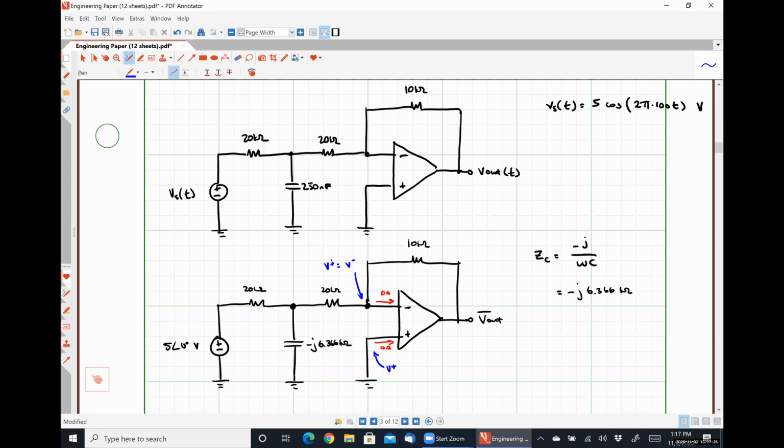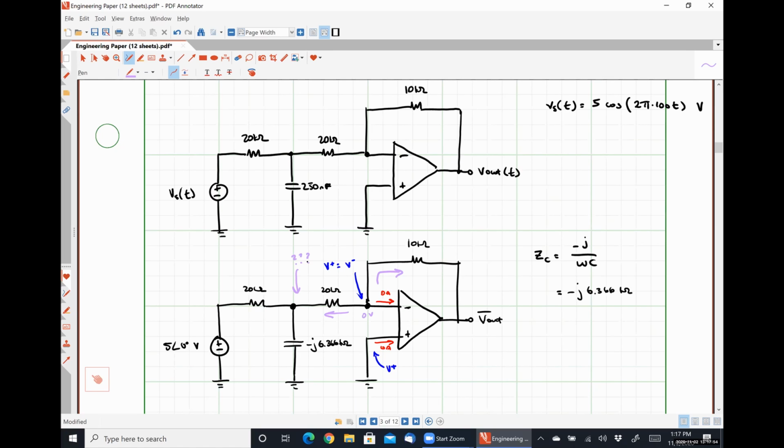And then our next step was to perform Kirchhoff's current law at our inverting input node. So we would say this current plus this current is equal to 0, and that would allow us to solve for V out. The problem that we're going to have here is that we're going to have 0 volts minus some unknown voltage divided by 20 kilo ohms, right?